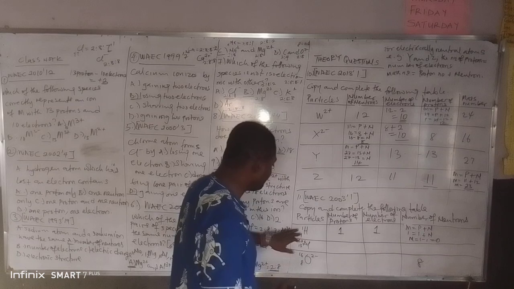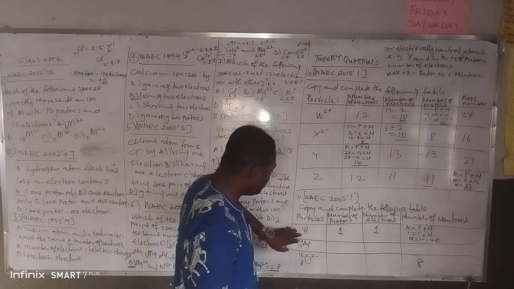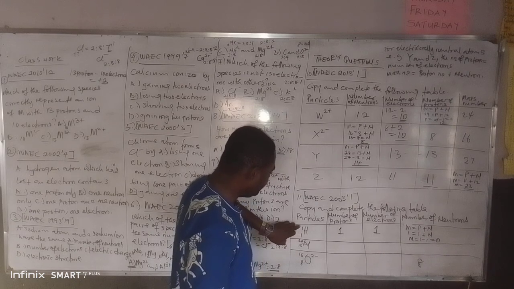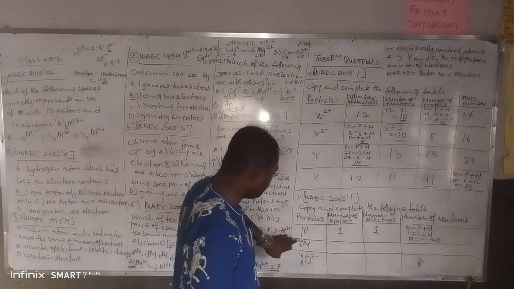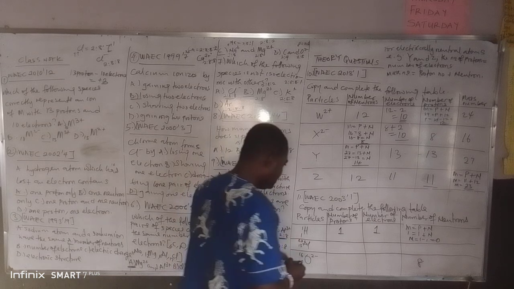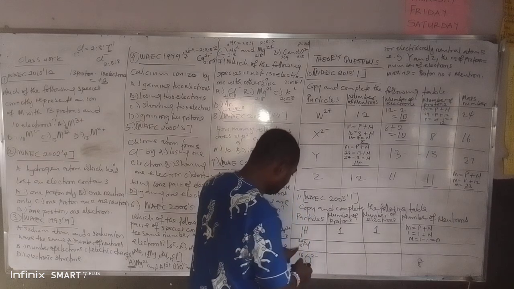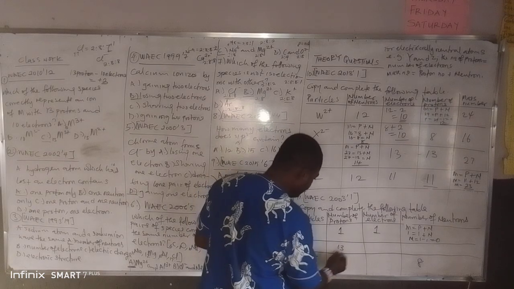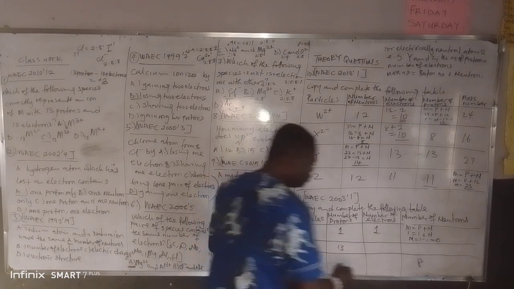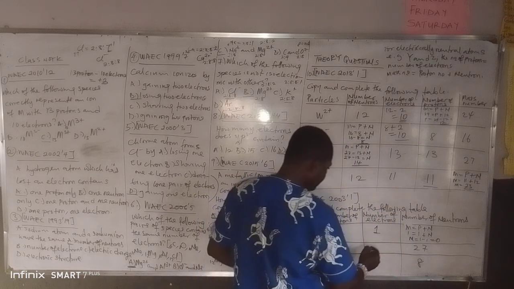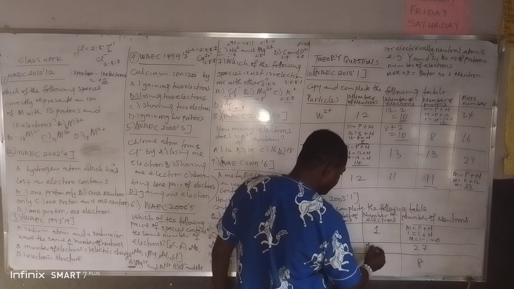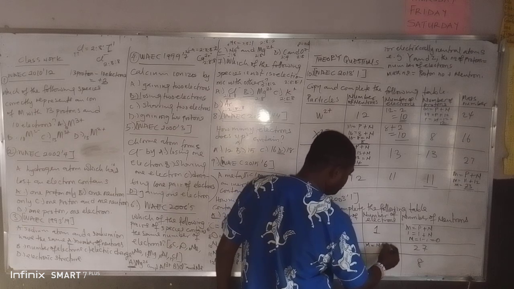If you want to get the neutron number, just take away what is here from here. If you take 13 away from 27, you get the neutron number. Here, the proton number is 13 written here. Then the mass number is 27. Don't forget, mass number equals neutron number plus proton number.